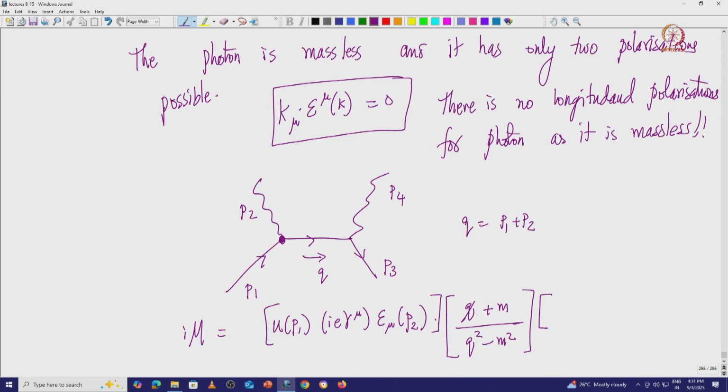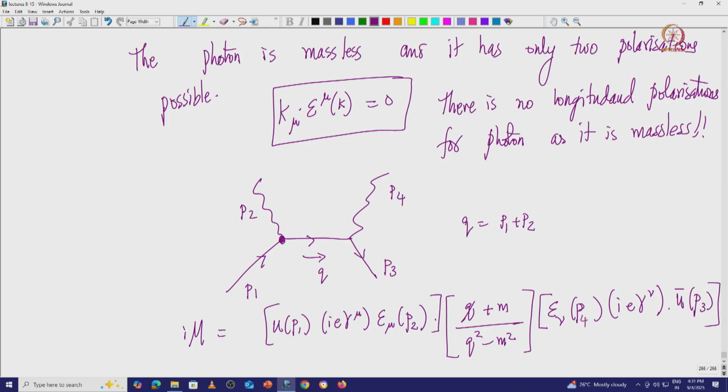Now u bar should come essentially. So, this is epsilon mu of P4 i e gamma nu. This is not mu, so let me put some other index here essentially, i e gamma nu, u bar of P3.